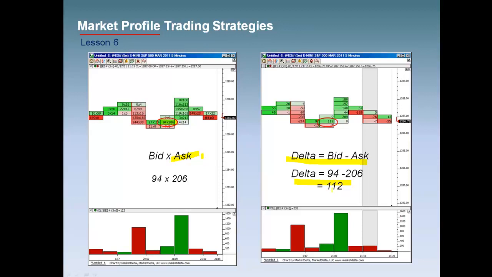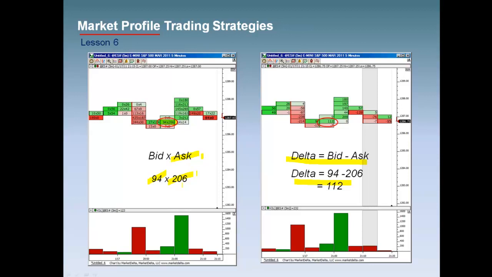So therefore, when I look at the bid and ask numbers, and I have 206 at the ask versus 94 at the bid, obviously, in this case, at this price, at this moment of time, the delta was positive, meaning that the buyers were more aggressive in the marketplace.